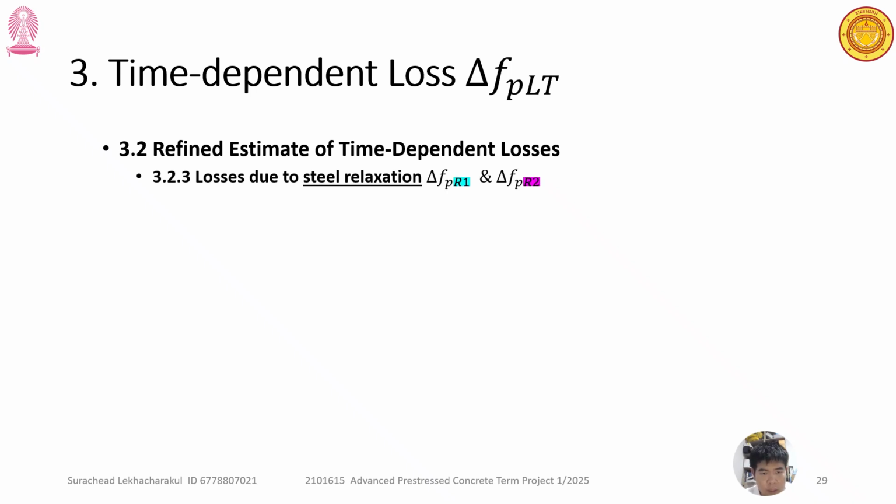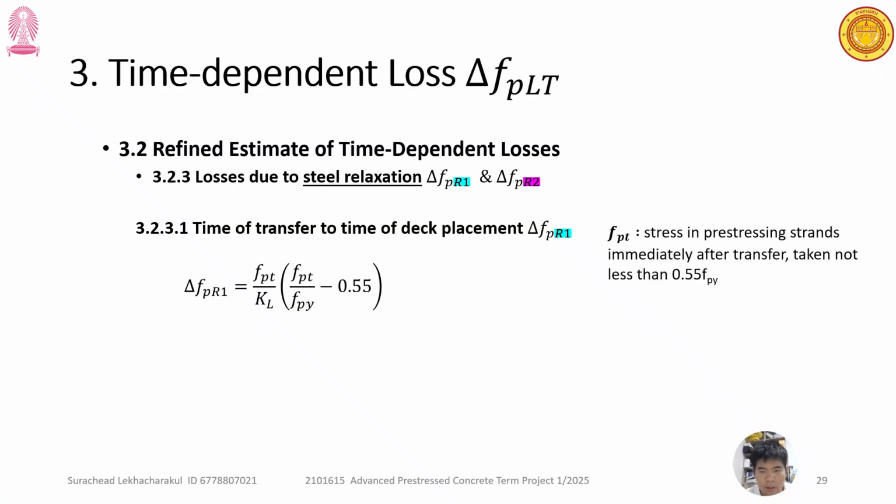Okay, the loss due to steel relaxation depends on FPT, the stress in the prestressing strand immediately after transfer, taken not less than 0.55 fpy. KL is the factor accounting for type of steel.